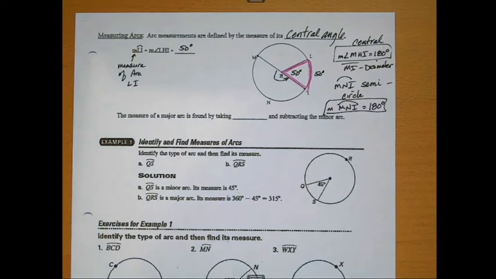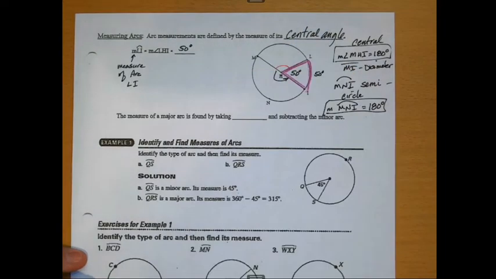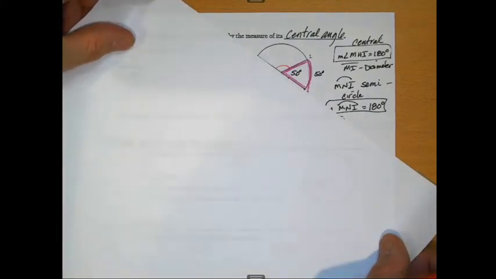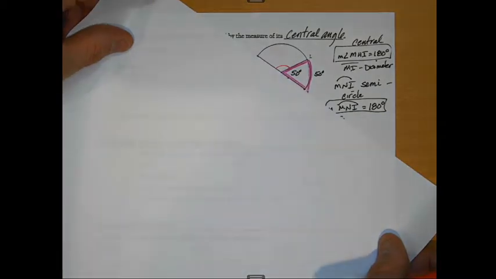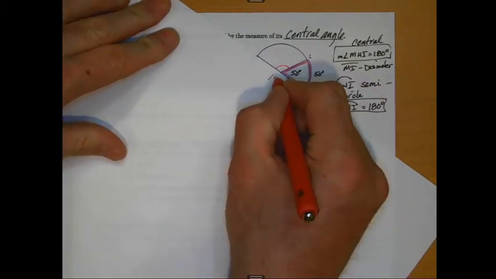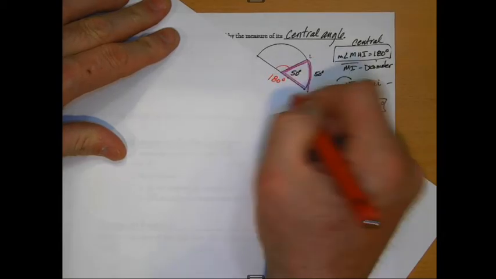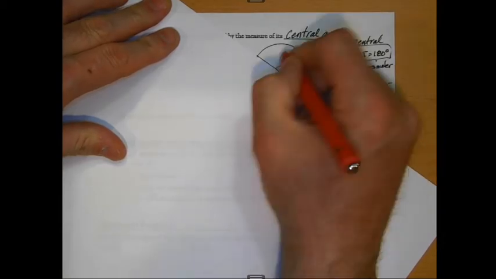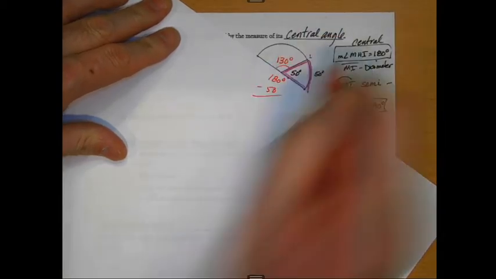Now the last little part of that is we have to find what this is. You should be able to notice that this creates a straight angle, 180 degrees. So this is 180 degrees. If one of them is 50, if I subtract 50, I get 130 degrees.